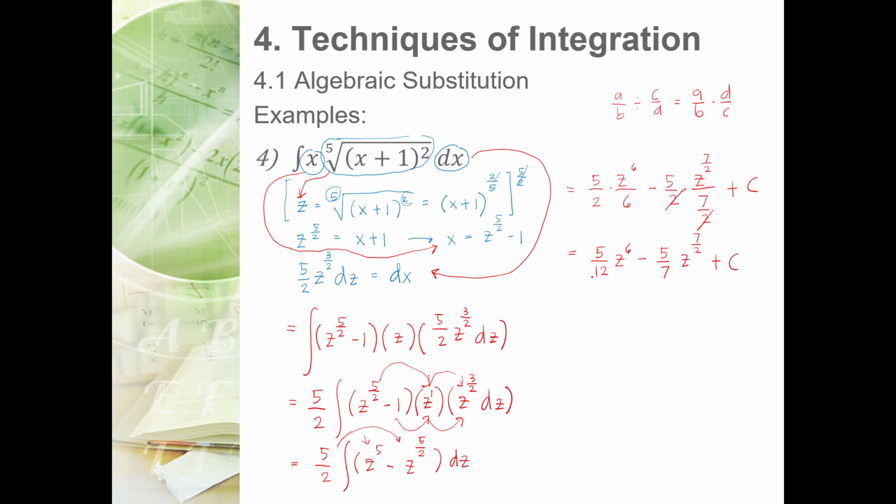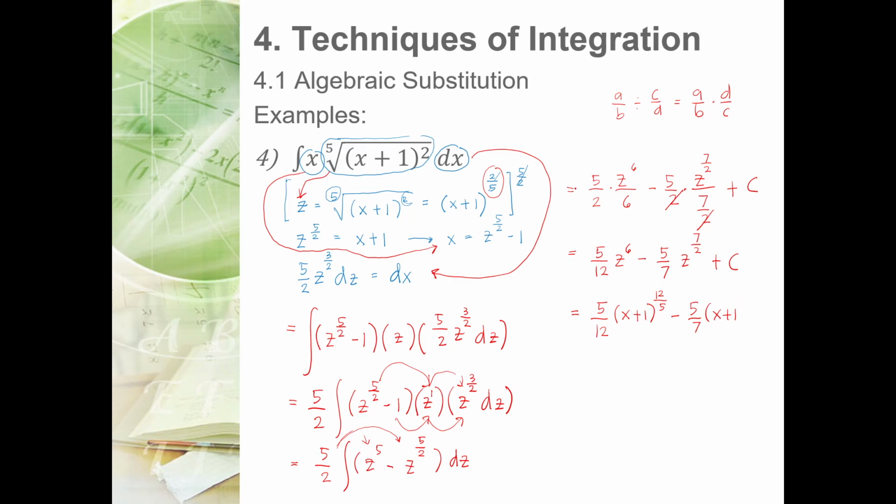Alright, so again, don't forget to bring back the value of the z parameter. So take note that the exponent is 2/5. So 2/5 times 6 would give us 5 over 12, x plus 1 to the 12 over 5, minus 5 over 7, x plus 1.